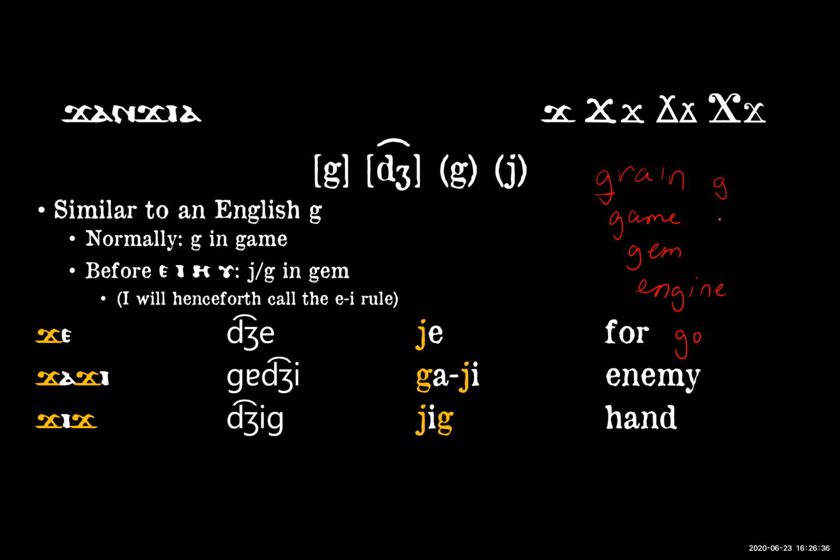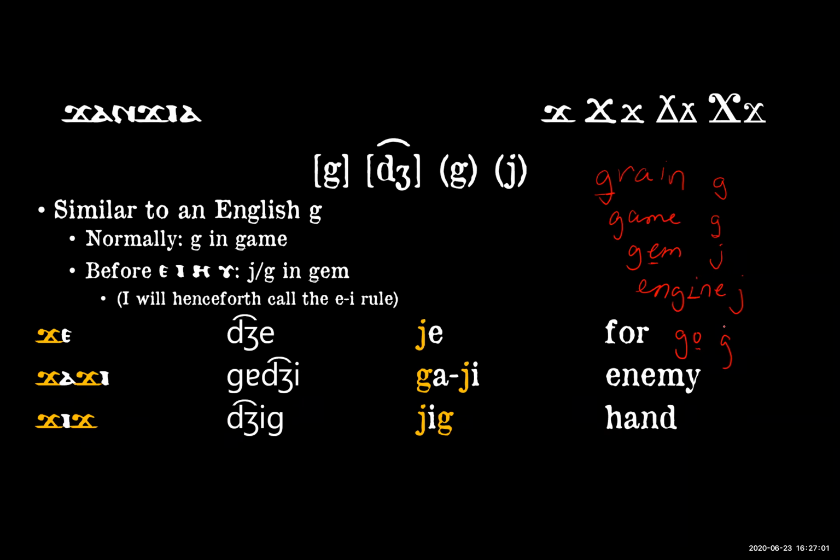So it's still, well, it's a bad example, but still it's a J sound, a G sound. Gem, here it makes a J sound. And gin makes a J sound. So before an E or an I or front vowels, it becomes a J. But again, when it's back to O, which is a back vowel, it's a normal G again.